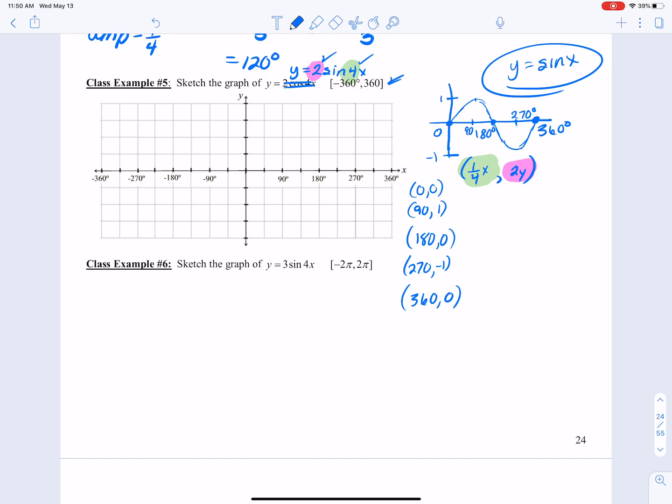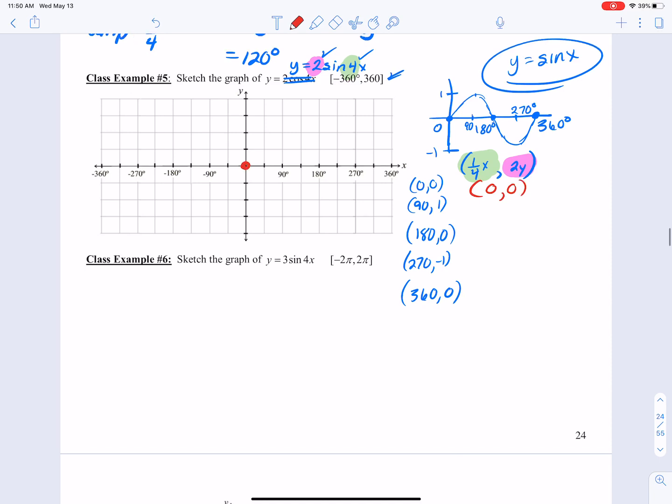So let's get a new set of transformed points here. I'll do those in red. So that'll be 0, 0, invariant point. 90 times a quarter is what? 45, 22.5. And 2. 180 and 0 would be 45 and 0. 270 divided by 4.